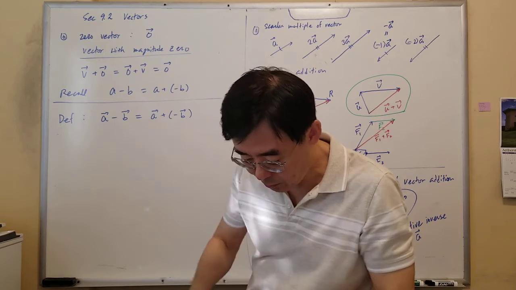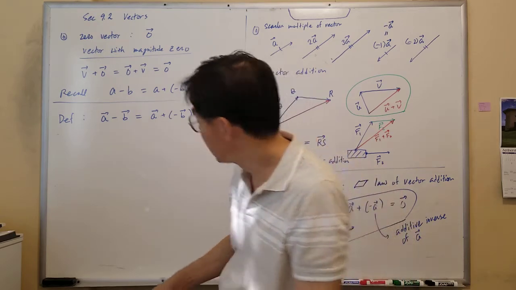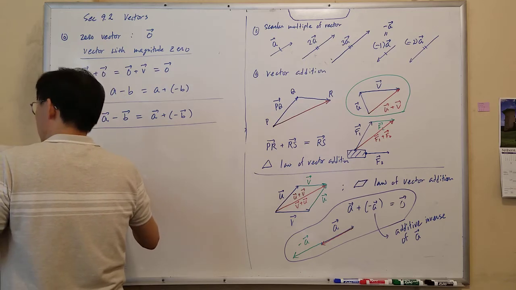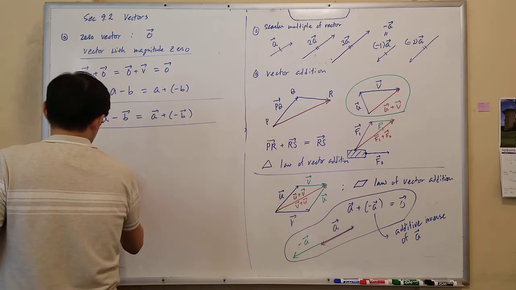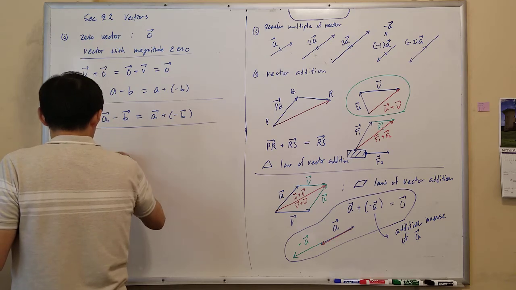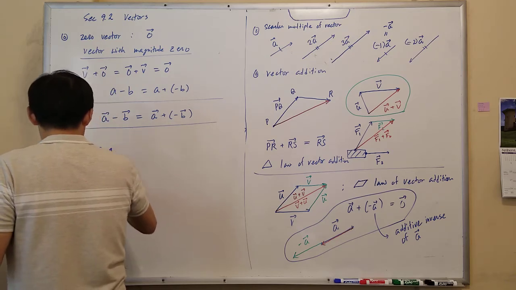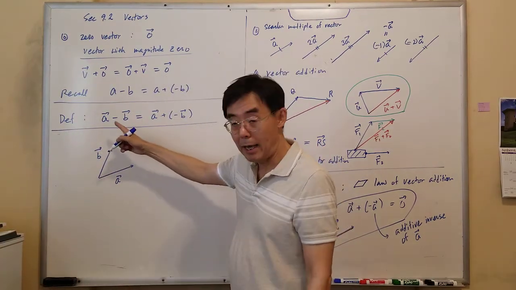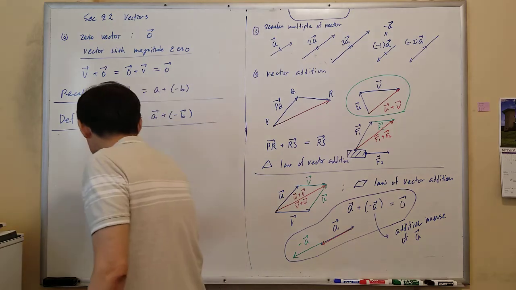All right, then geometrically, how do we describe this? Let's say this is vector A, and this is vector B. Then, in order to do A minus B, I need minus B here.